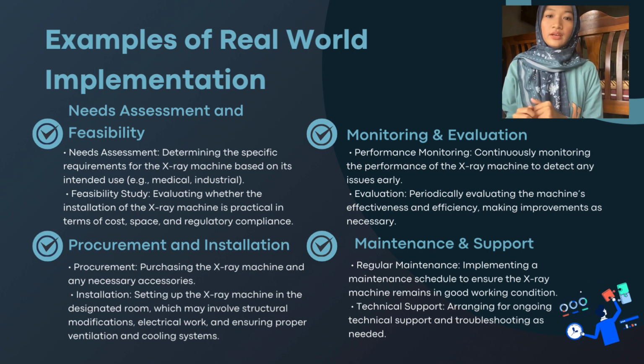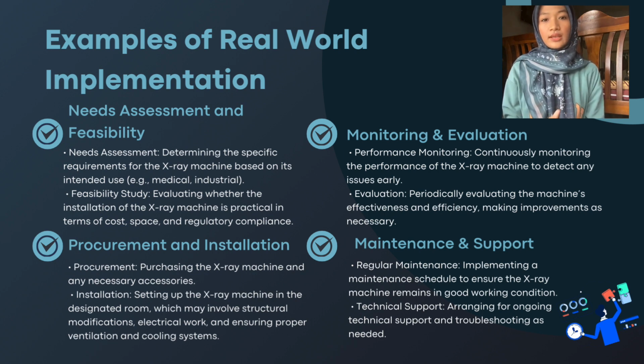The procurement process will include evaluating different vendors, negotiating contracts, and ensuring that all equipment meets the required specifications. Once the equipment is acquired, the installation phase will commence. This will involve setting up the X-ray machine in the designated room according to the detailed plans.